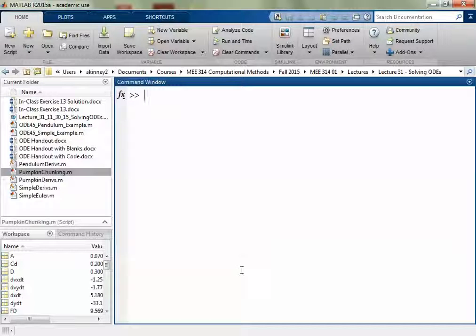So when I apply Euler's method to solve my system of ordinary differential equations, I just apply it to each equation one at a time. So I start with my first equation, equation number 3 here, my derivative of theta with respect to time, and I start plugging that into my Euler's method.